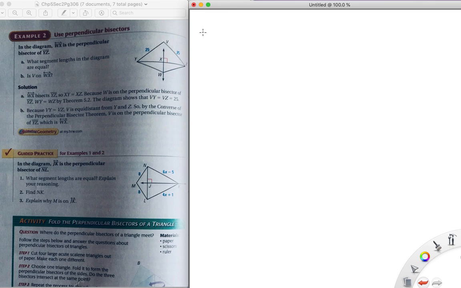WY is equal to WZ based off of the perpendicular bisector theorem. And then we also have that YV is equal to ZV, and that's because it's given to us.